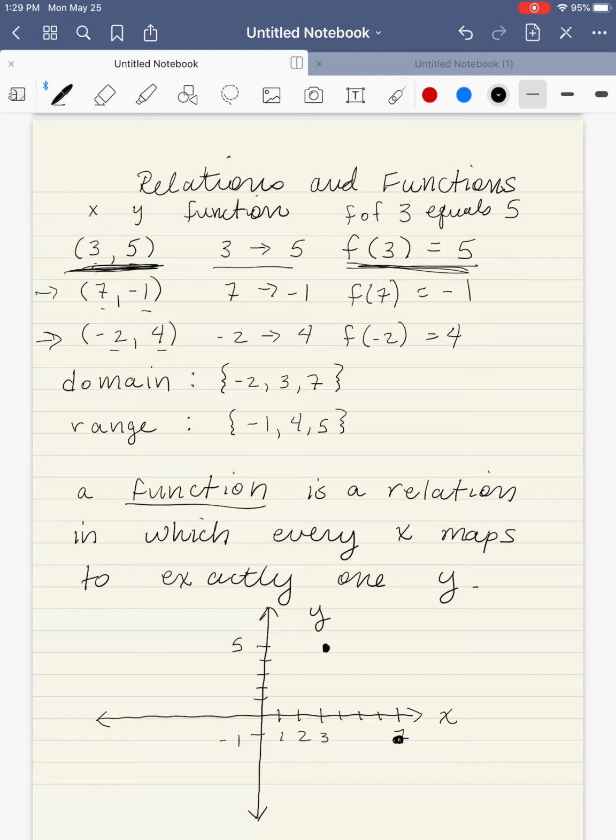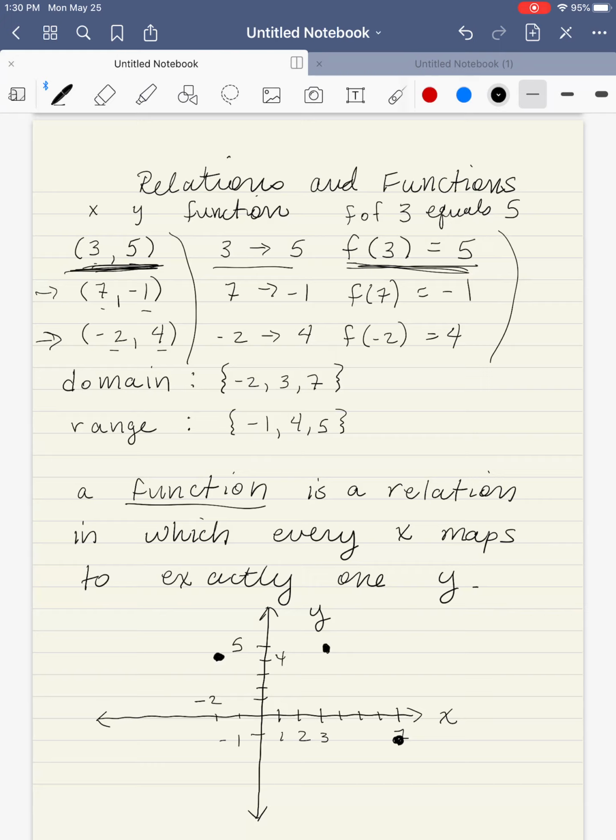And then negative 2, 4, I go left here to negative 2, and then up to 4, and I plot that point. So these 3 dots, these 3 points on the coordinate system, these 3 ordered pairs, and these 3 function notation statements all give me exactly the same information.